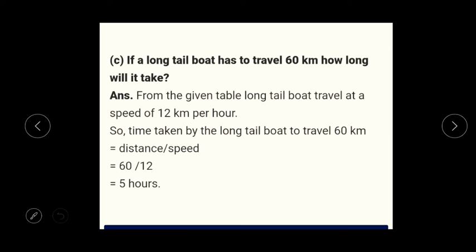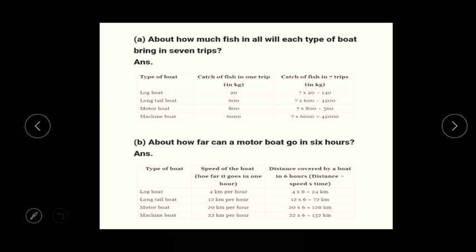The next important question is, if a long tail boat has to travel 60 km, how long will it take? For that we just go to the table. In the table they have given us that a long tail boat can travel 12 km per hour.